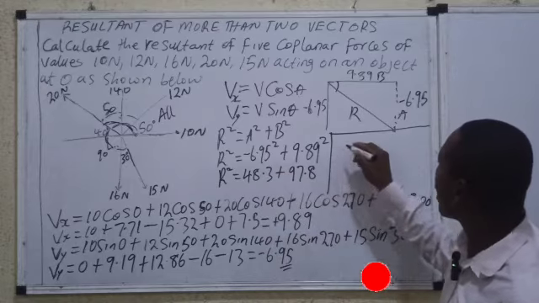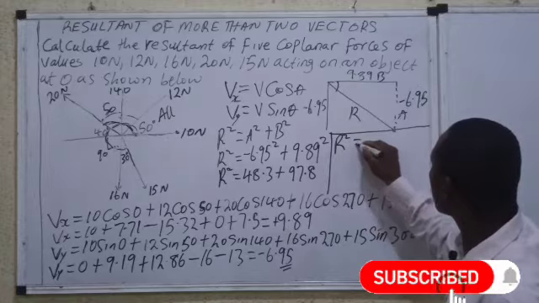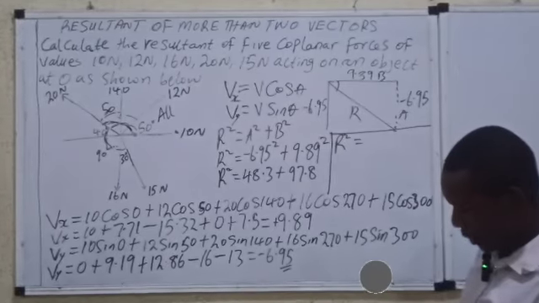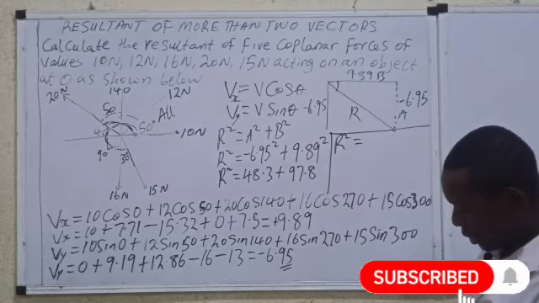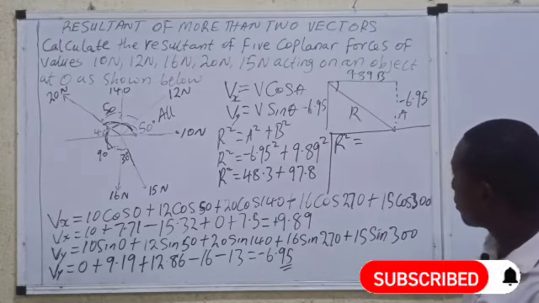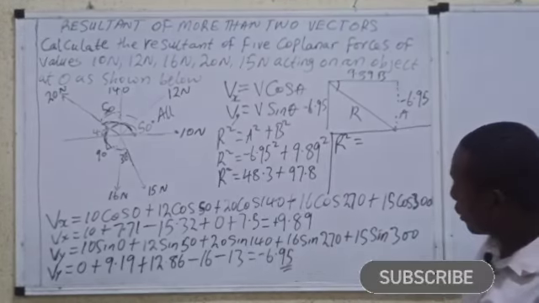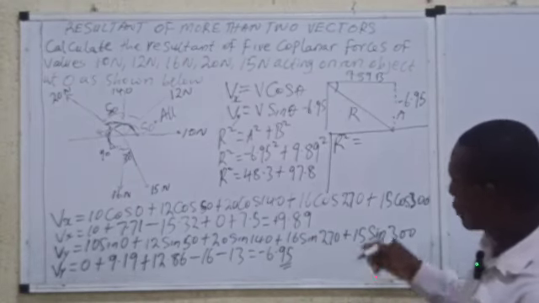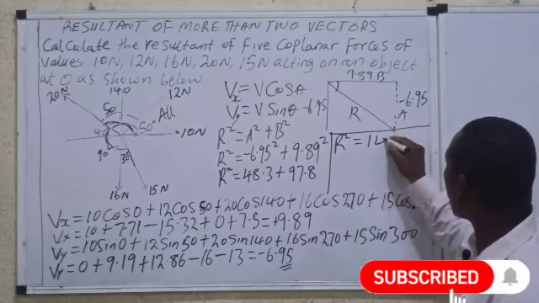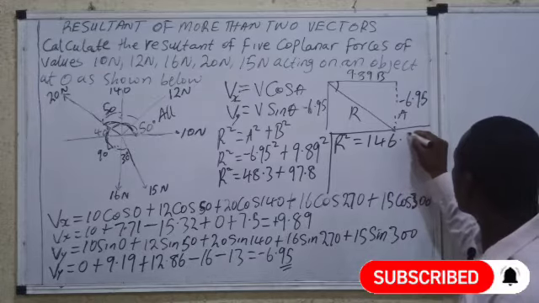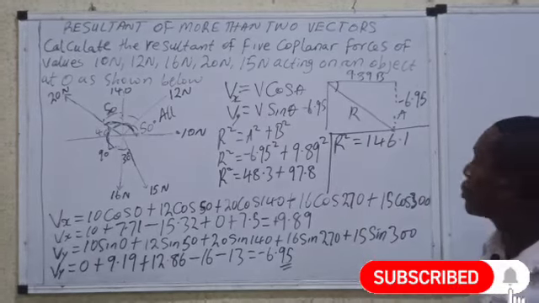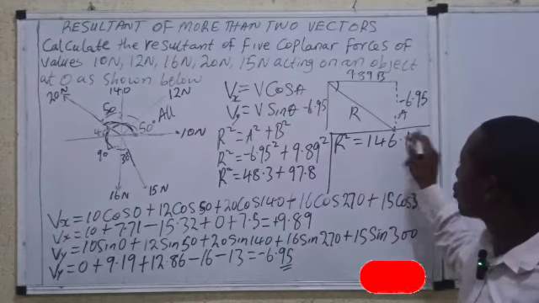Now, if you add these two together, you now have R square is equal to 97.8 plus 48.3. You have 146.1. Now, in order to get the value for R, what will you do? Look for the square root of both sides.